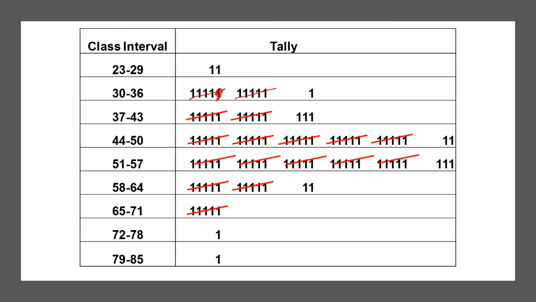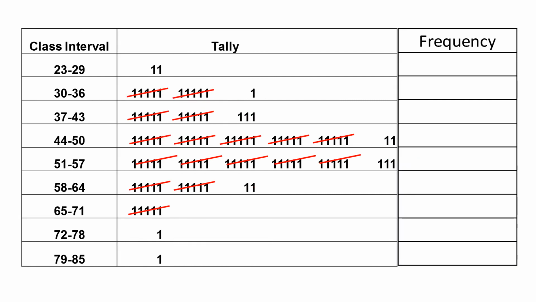Alright, so I just tallied up the data. Hope it's right. Got it into the frequency distribution tallies here, and now I can count up my tallies and record my frequencies. The tallies are just to get us to be able to record our frequency. So count them up and we get our frequency.